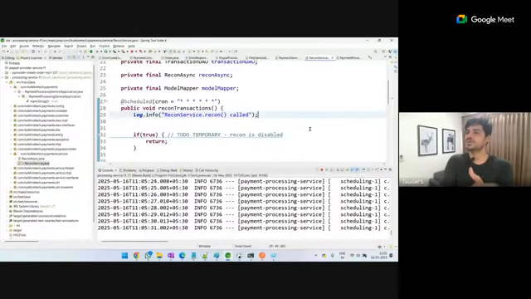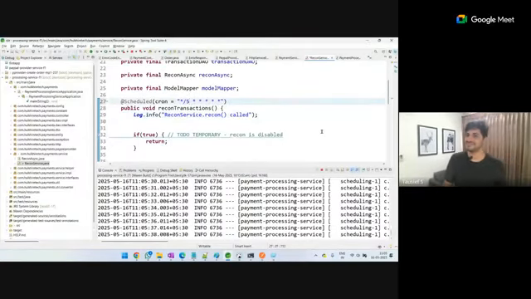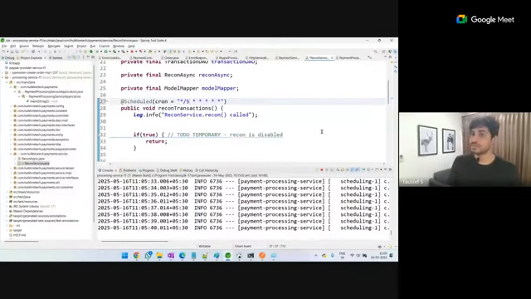Then you divide by 5, run every 5 seconds. So what will happen? It will not run every second, but as soon as I save this, the behavior will change and it will start running every 5 seconds.